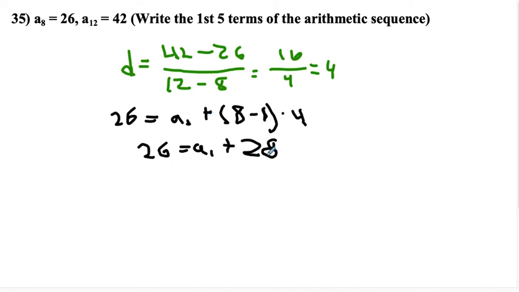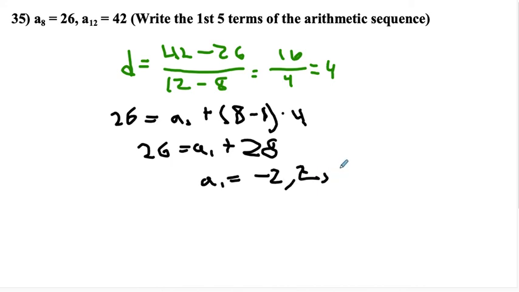Because what I would have to do is subtract 28, which means that a sub 1 is equal to negative 2. Let's see. Yeah, so a sub 1 equals negative 2. Then that would mean that the next term would be 2.